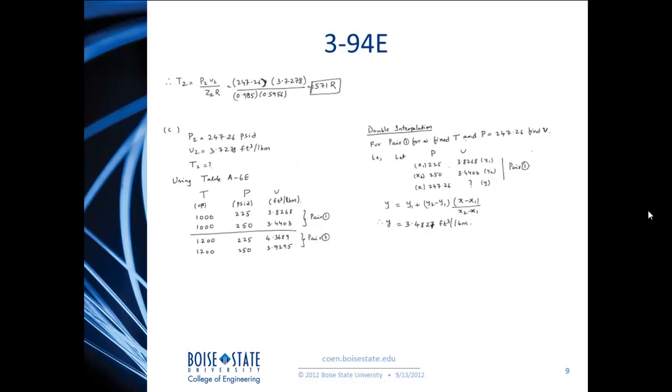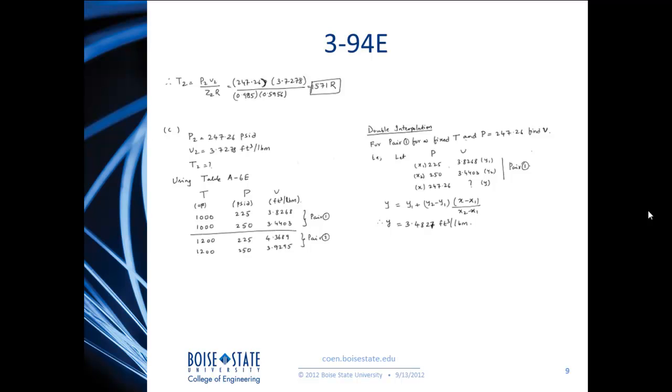Since we are talking about two different pressures, for a constant pressure we have specific volume and temperature as the variables, we have to make sure that we come up with a strategy to find for a fixed pressure what would be the specific volume and what would be the corresponding temperature.